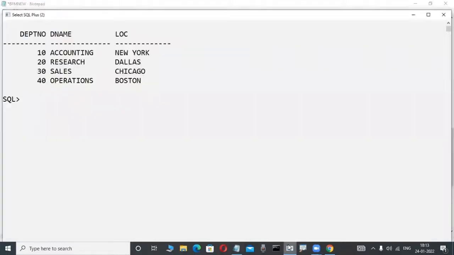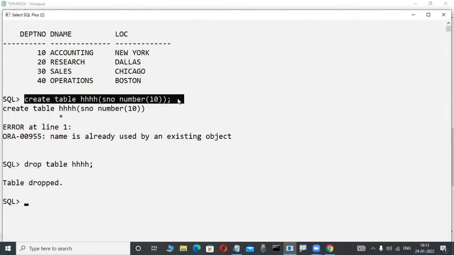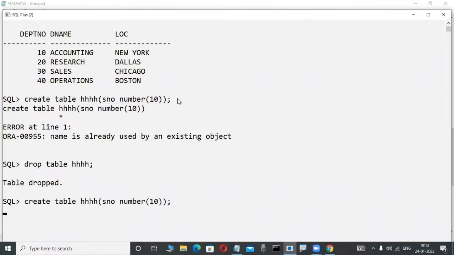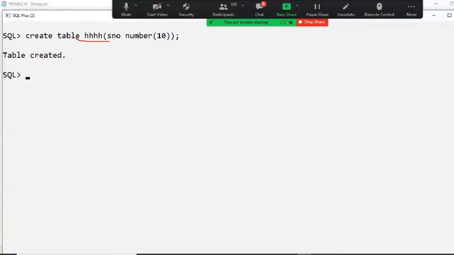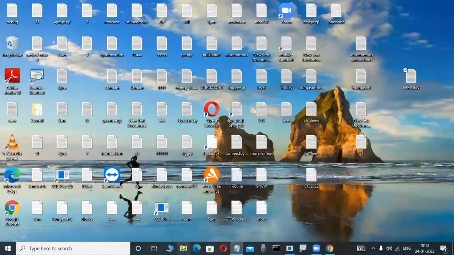Suppose you are creating a table in your database. Whenever I create a table, this is not visible in the operating system. Observe here, it is not visible in the operating system.